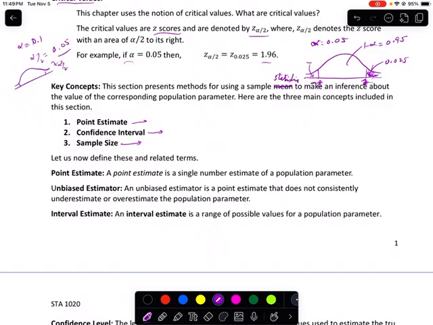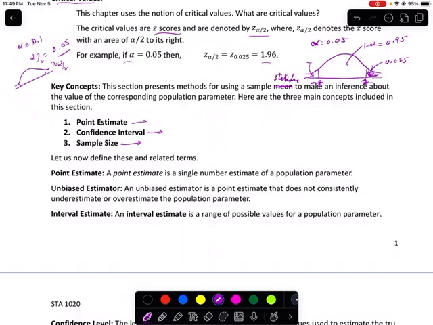So what is a point estimate? It is a single number estimate of a population parameter. So a single value that can estimate the population parameter. For example, a single mean of a sample or proportion of a sample.